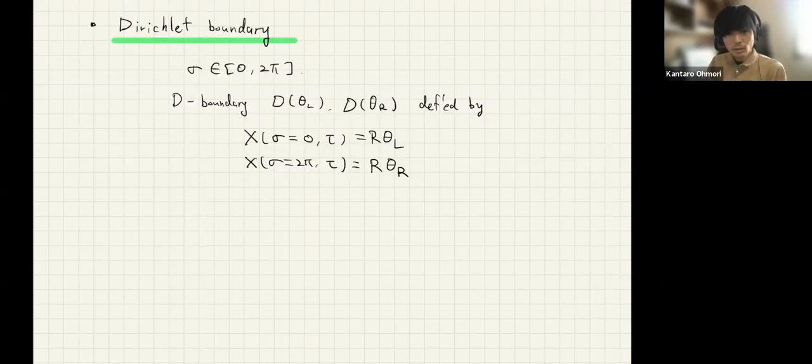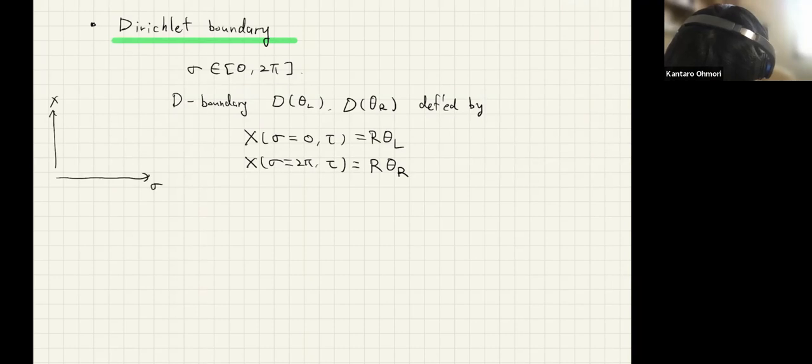Okay, so we put generally different boundary conditions. We have to do this. And so in the picture, this is the x direction, and this is the sigma direction, and we have 0 and 2 pi.